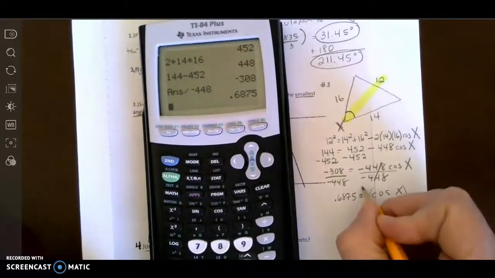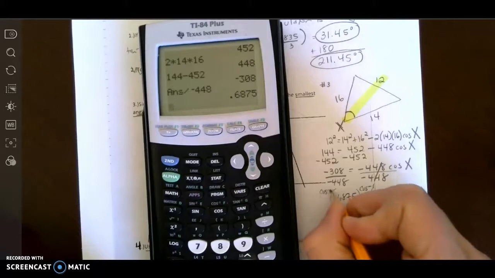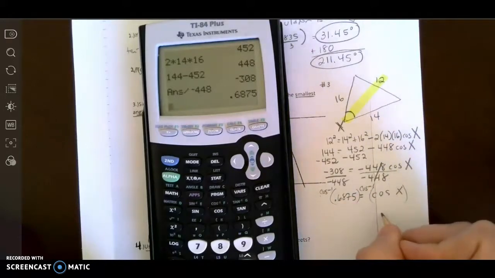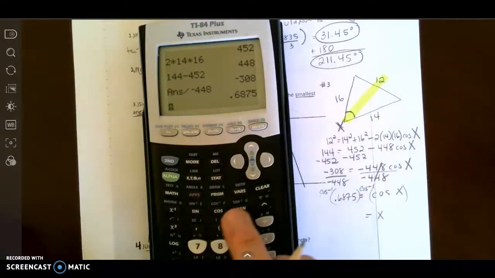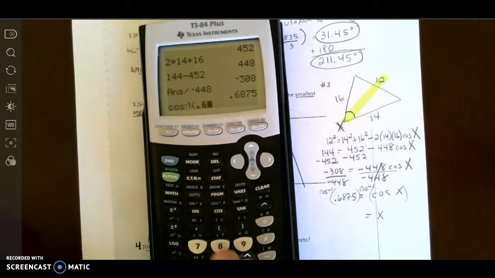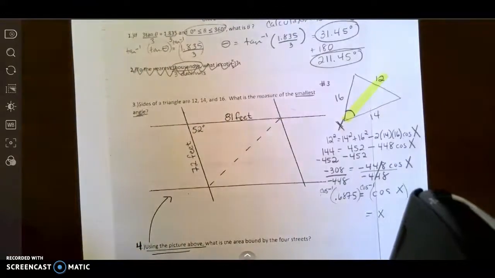Take the inverse. And because it's an angle, I only want the positive. So I'm going to take the inverse cosine of 0.6875. And I get, and did it say what to round to?